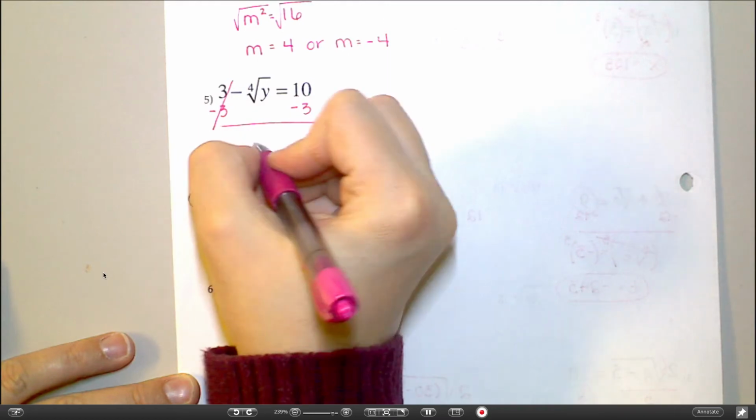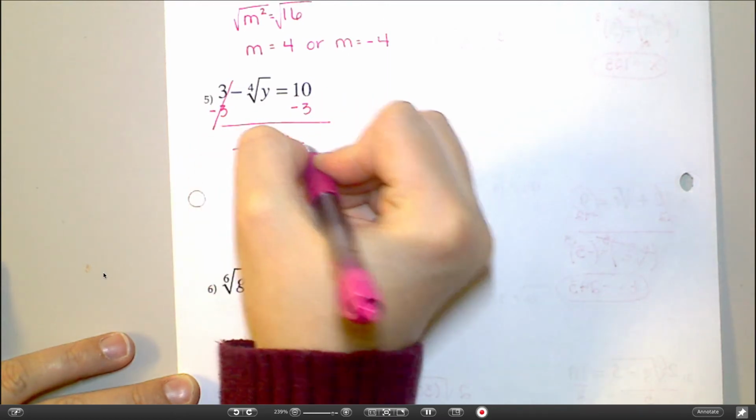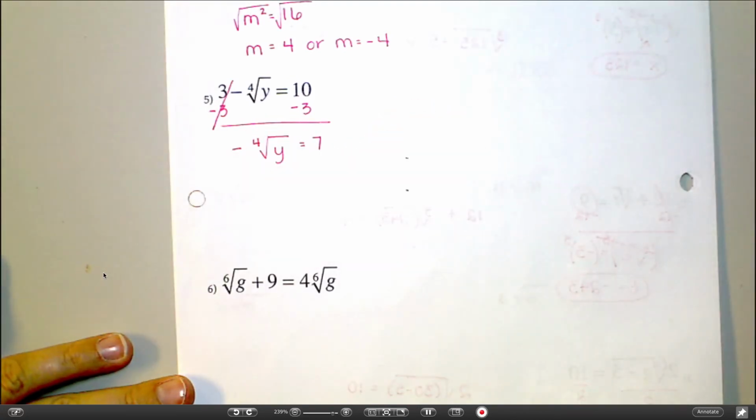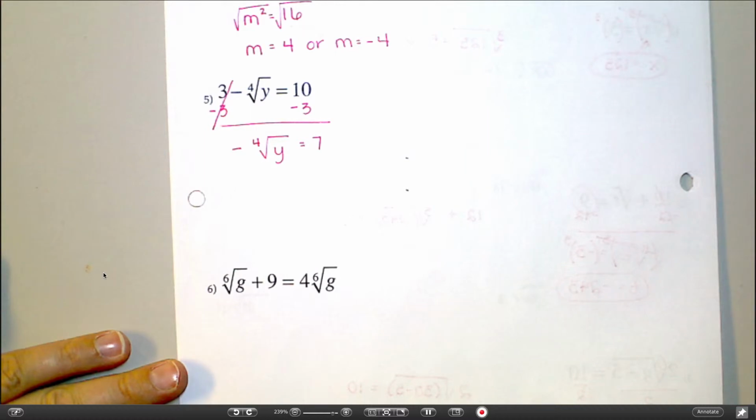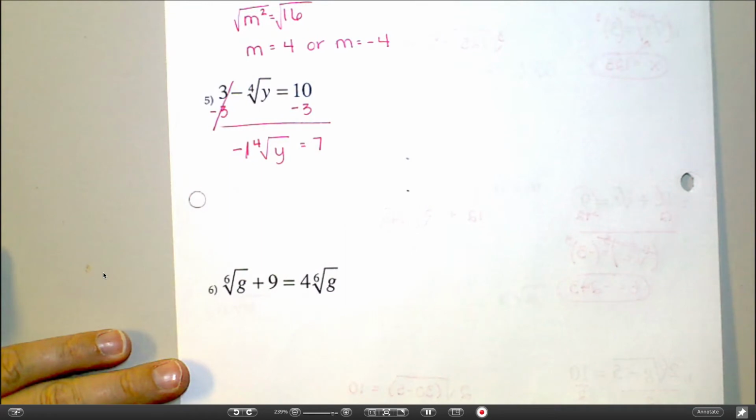So now I have the negative 4th root of y equals 7. Okay. So now how do I get rid of that negative? Not quite. Think of that as like a negative 1. If that were a negative 1 floating out there, how would I get rid of it?